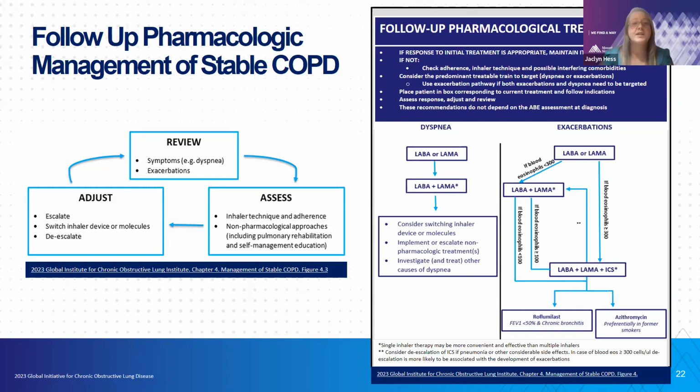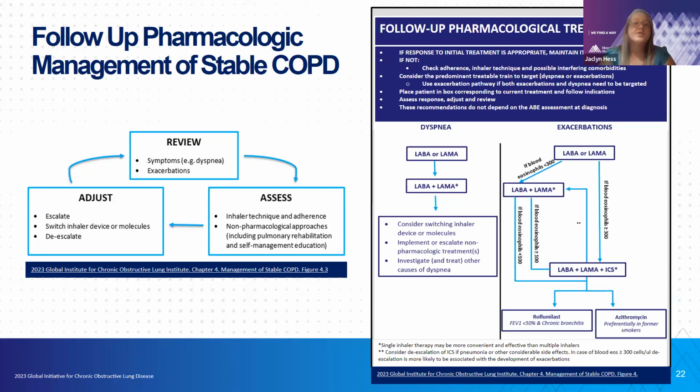And then if that dyspnea continues to persist, it's really looking into whether or not the device that they're using is appropriate for what they're able to use. If they're utilizing the correct technique, possibly switching between different medications, and then looking at those non-pharmacologic options, and then other causes for the shortness of breath.